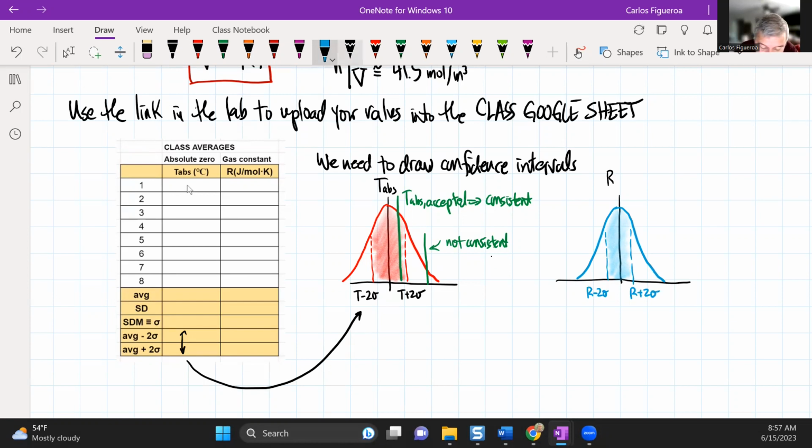And once again, does this value land here? So if the accepted value lands outside, then we say it's inconsistent. The values are not so important. It's the process that's most important. Okay. Good luck. Let me know if you have any questions.